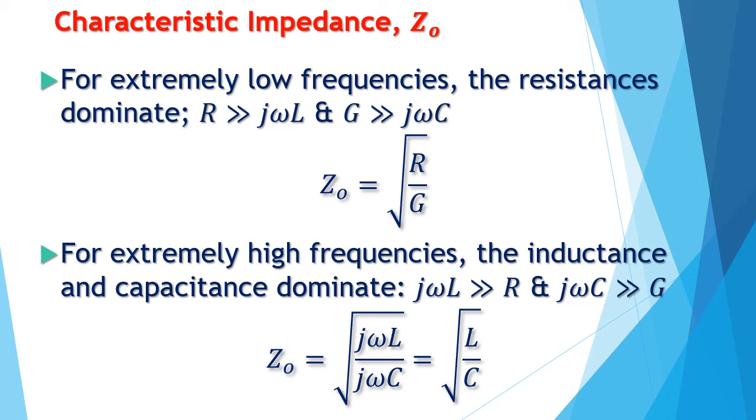So j omega L will have a very high value as compared to R, and the same goes with j omega C and G. So the formula for this would be the characteristic impedance Z sub O is equal to the square root of j omega L divided by j omega C. The j omega would cancel out, which leaves the square root of L over C.